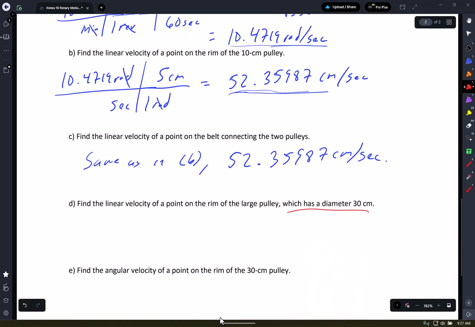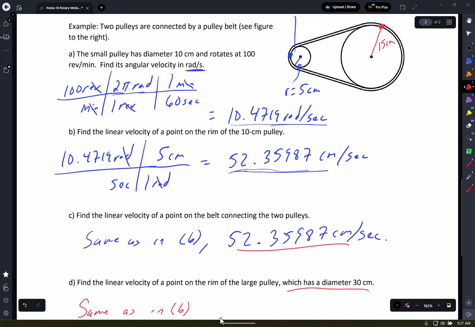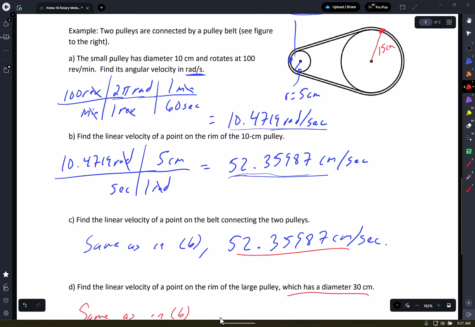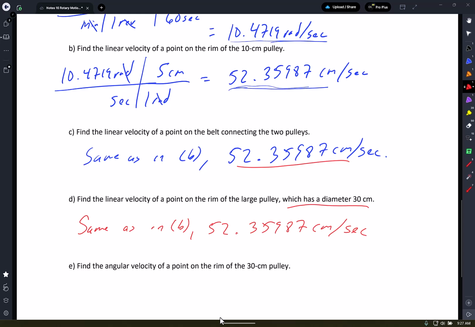The same, perfect, right? Same as in B. Because of the belt, guys, the belt is going this speed, and the belt is driving that large pulley. Does that make sense to everyone? Yeah, they call this a pulley, and that large circle is a pulley. Same as in B. 52.35987 centimeters per second. How do we feel?